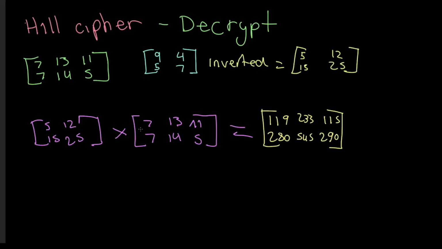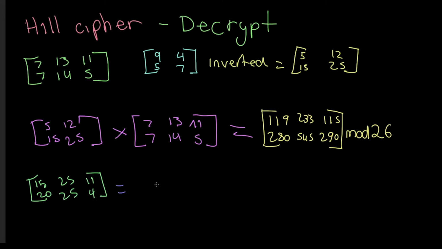Now, you probably guessed it, we perform a mod 26 calculation on this, which turns out to be 15, 20, 25, 25, 11, and 4.